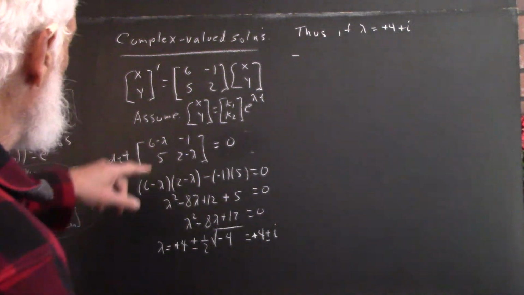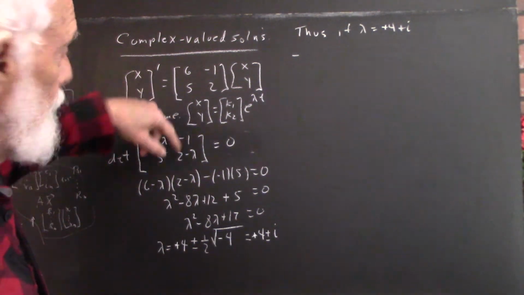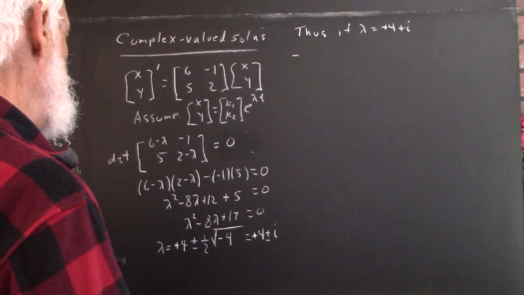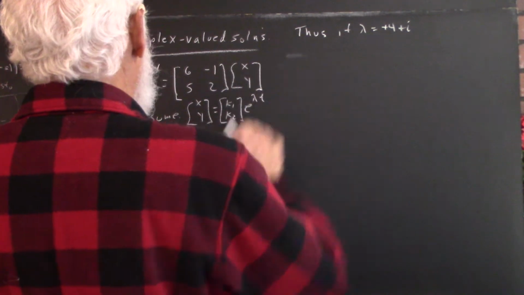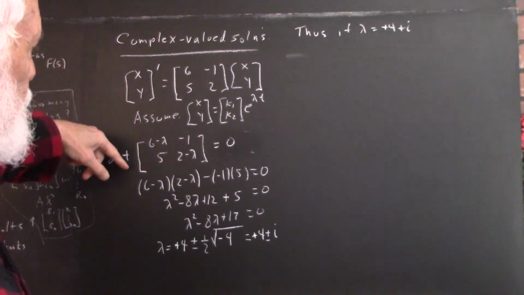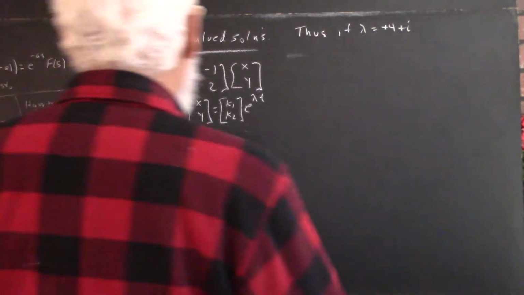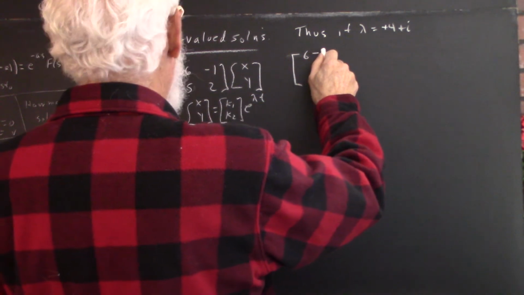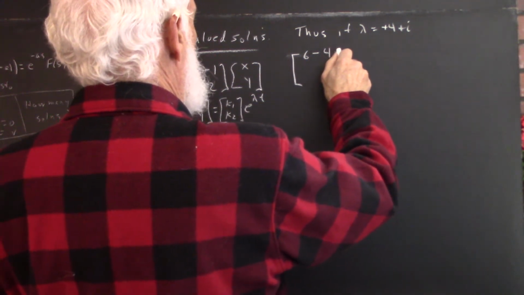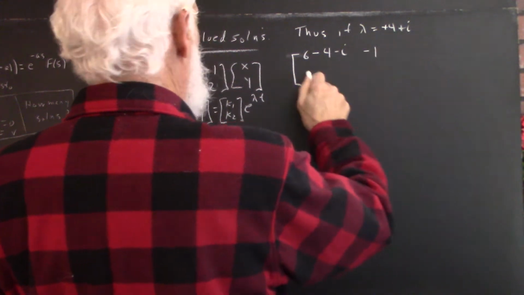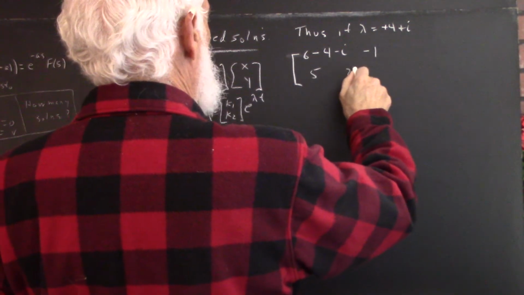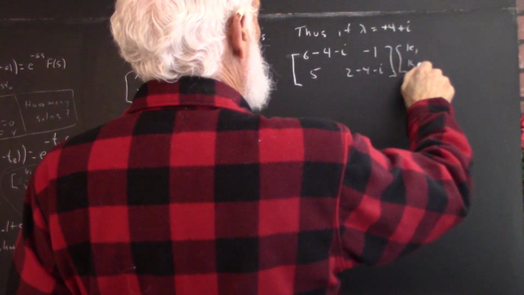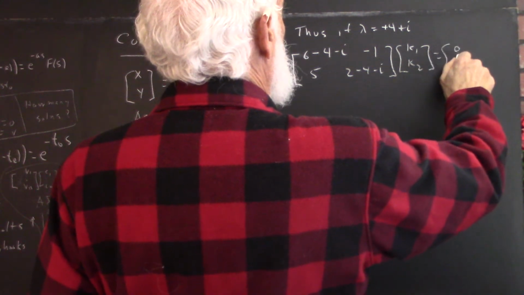Plugging 4 plus i into the, well, I didn't write out the eigenvalue equation. We're going to get the matrix 6 minus 4 minus i, negative 1, 5, 2 minus 4 minus i, multiplied by K1, K2 equals 0, 0.